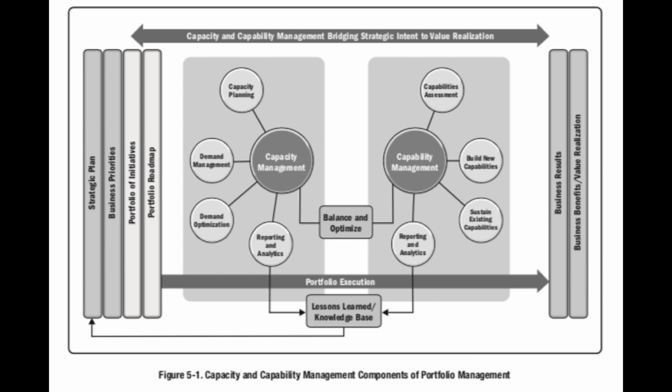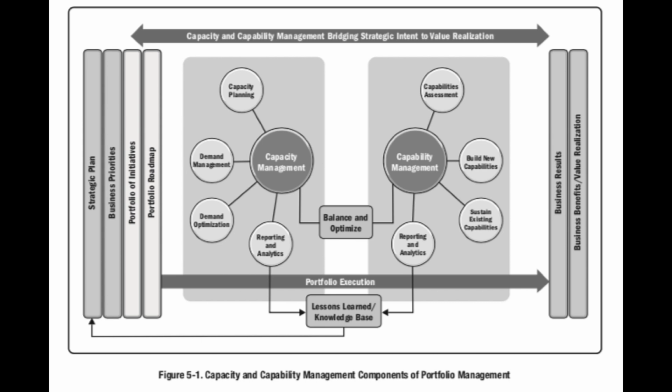If you don't have a clear view of the demand for your resources, you might find yourself constantly reacting to shortages, with teams scrambling to cover all the work. PMI recommends that organizations focus on aligning demand with capacity. This requires continuous monitoring to avoid overcommitting to projects and ensuring your portfolio remains sustainable.